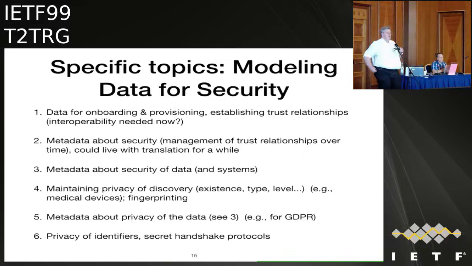So for instance, when we are modeling data, we are not only modeling the data themselves, we also have data that are needed for security purposes. And there are the obvious ones, for instance, what data do you need to actually get on the network and so on. So lots of stuff is happening there. That's maybe not the area where we have to focus on.